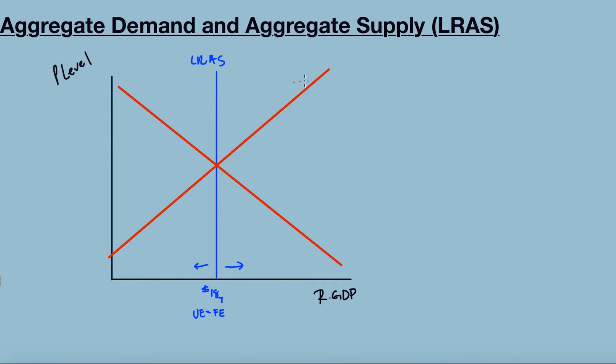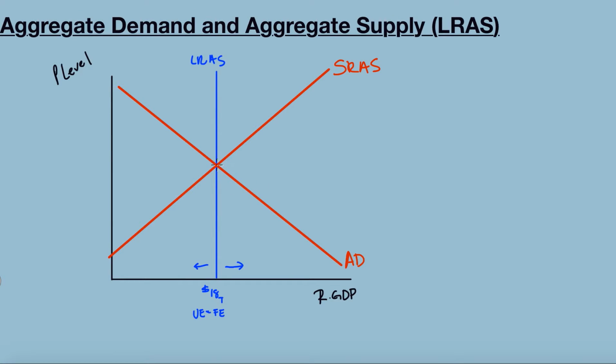Here, this would still be our short-run aggregate supply curve, and this down here is our aggregate demand curve. Where this market is in equilibrium, it is an extremely stable market. However, we're never in the long run for very long. As soon as we get to the long run, some information could change.